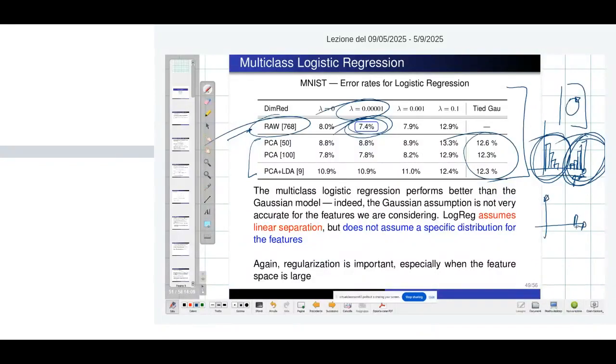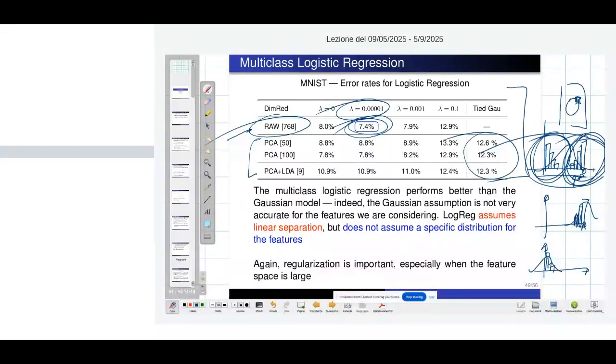If it's a pixel that is always white, then we will have something like this. If it's a pixel that is always black in all the images, we will have something like this. If it's a pixel that sometimes is black, sometimes is white, we'll have histograms that look like this. In any case, these are not well modeled by a Gaussian. Here a Gaussian would do like this, and here a Gaussian would do like this. So our Gaussian model is able to get, in any case, something out of that.